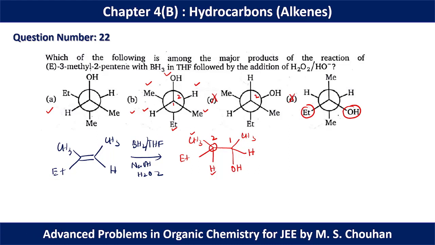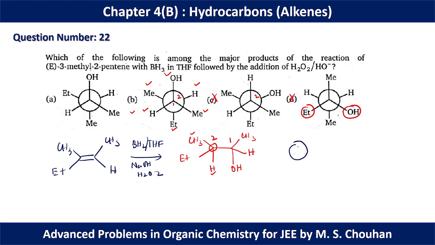So now we have a molecule and we have to draw the Newman projection. If we start with A, the given Newman projection is not in the standard form. So first of all, we can draw this in the standard form.